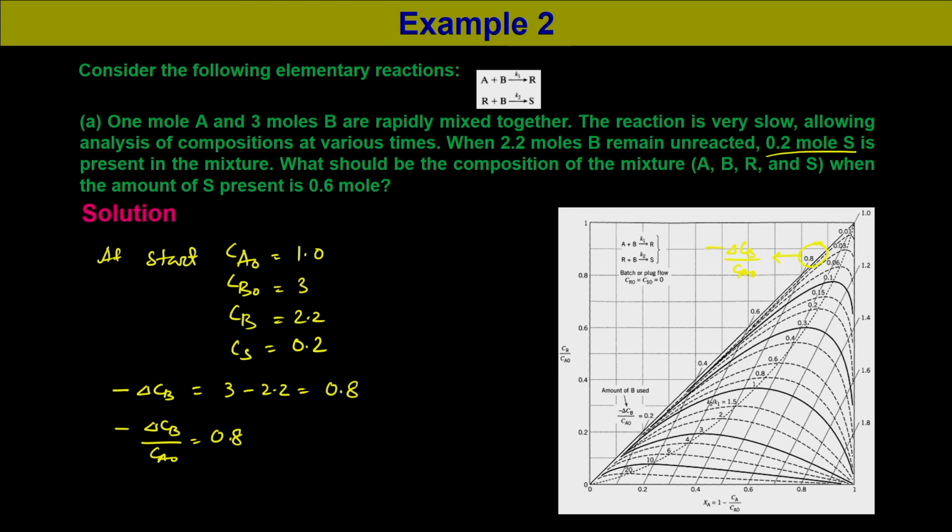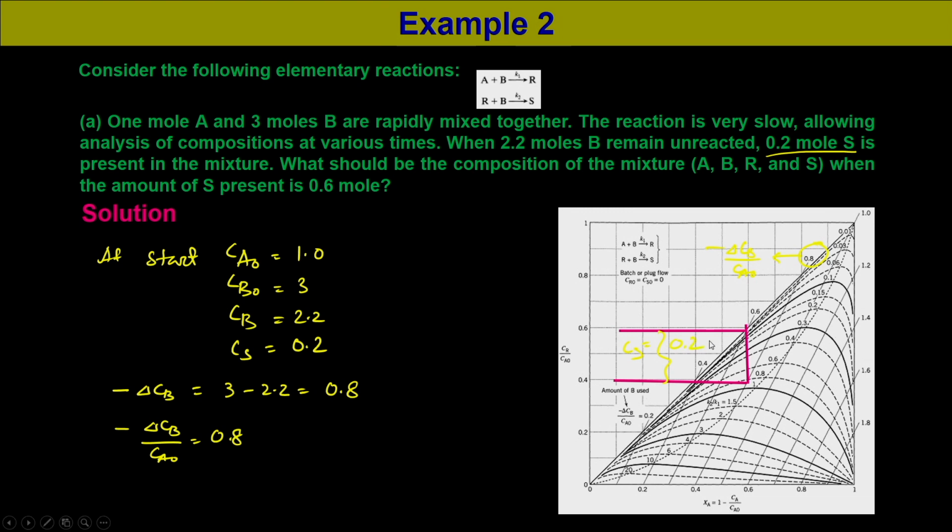Now, Cs is given as 0.2. Following this line, we can locate 0.2, which is this one. This is the distance of delta S, this is Cs, which is equal to 0.2.